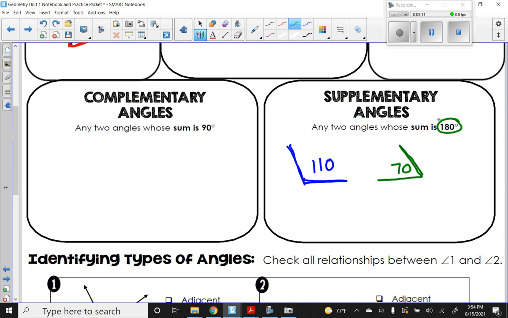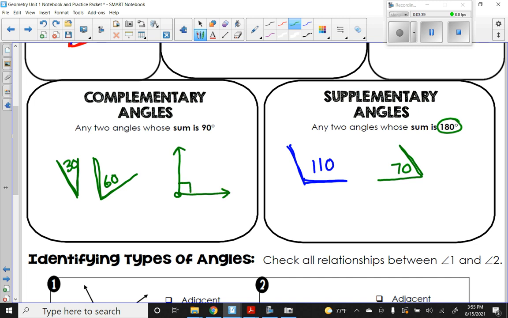And while we're here, let's talk about complementary angles. Complementary angles are any two angles, adjacent or not, but as you see in the bold, their sum is always 90. A big giveaway for complementary angles is something like this.